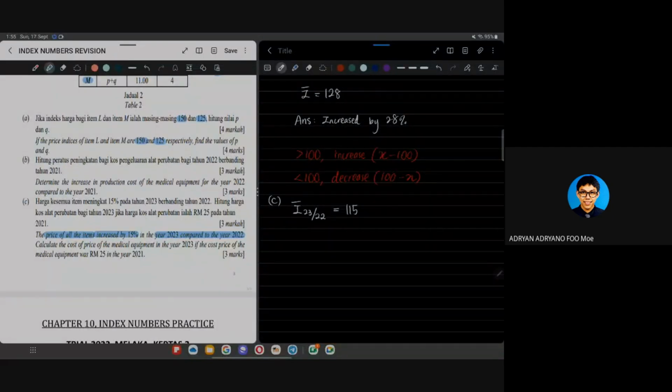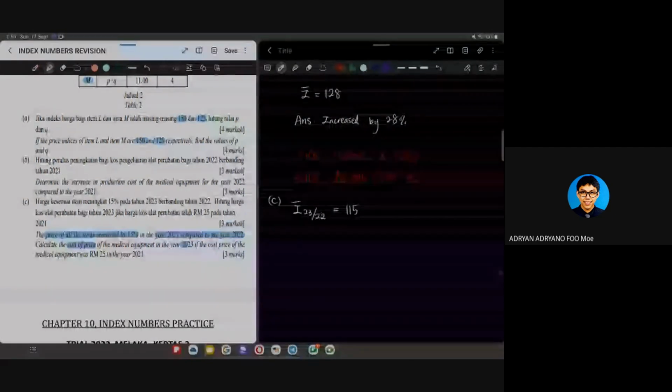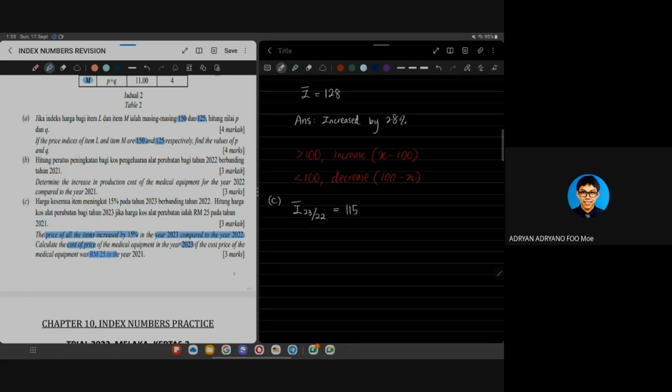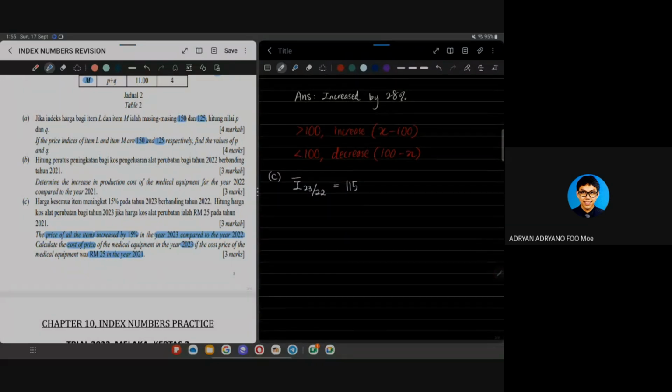Second, he wants me to calculate the cost price in 2023. This is the second thing, the requirement of the question. The other condition he gives me is that the 2021 price is RM25, so now I know I must find composite 23 per 21. I decoded the question. At first you can't understand because the teacher says 23, then 21, how do I know? You decode it. Answer 36.8. Yes, very good. That's your answer. 36.8. Okay, now I show you how to get the answer.